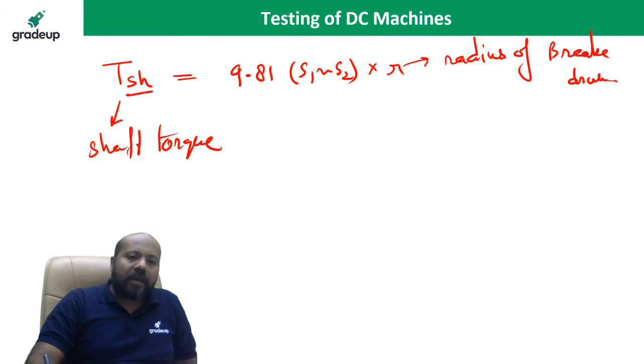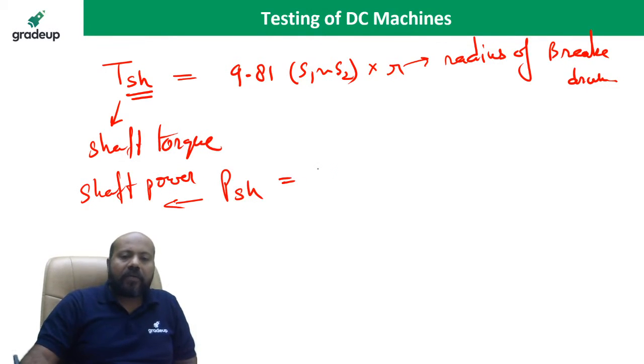If you have the shaft torque, can you write the shaft power? Yes. Very easily you can write the shaft power, shaft torque multiplied by the angular speed, 2 pi n by 60.